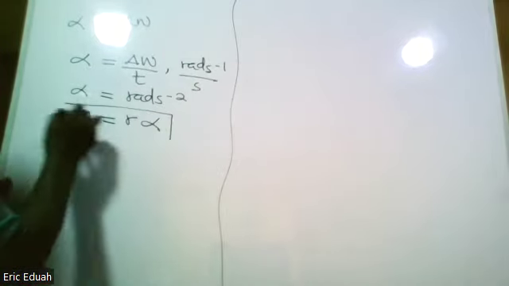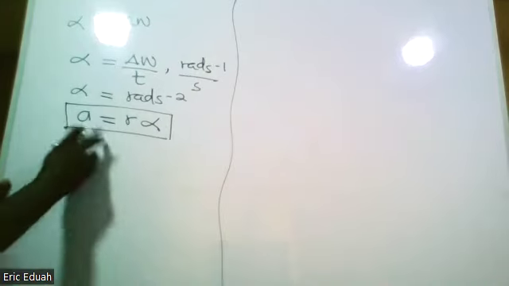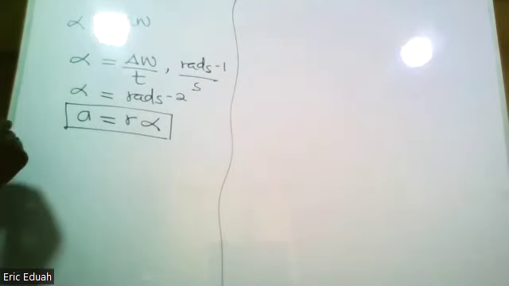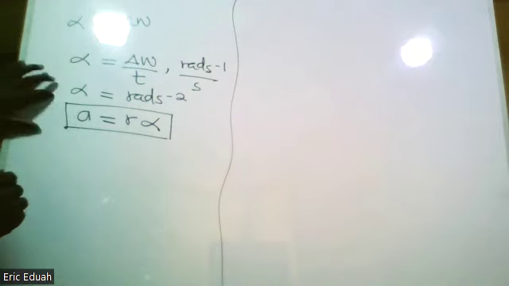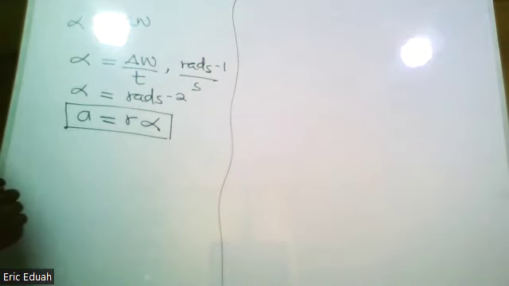Thank you. And how did we come by this formula? How did we get this? It is directly proportional to angular acceleration. Yes, it's true. Linear acceleration is directly proportional because r is constant. But how did we come by this formula?